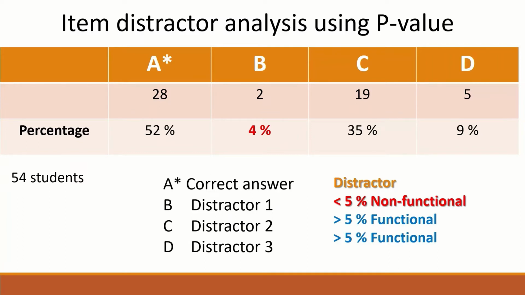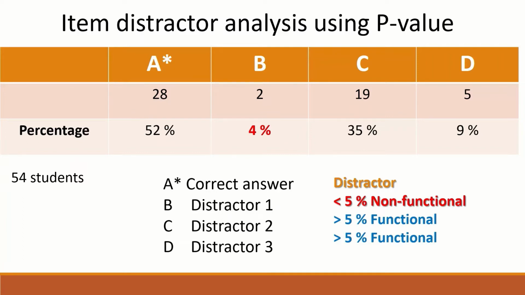This slide shows an example of item distractor analysis using the p-value or the percentage value. 54 students participated in the test and answered a multiple choice question that has 4 options A, B, C, D. A is the correct answer, and B, C and D are the wrong answers, so they are distractors.